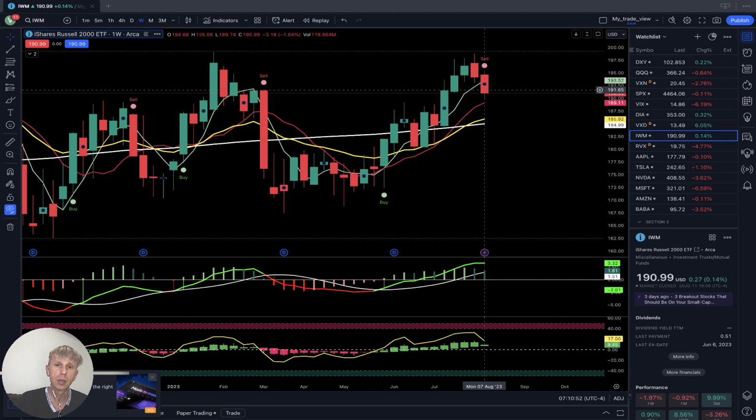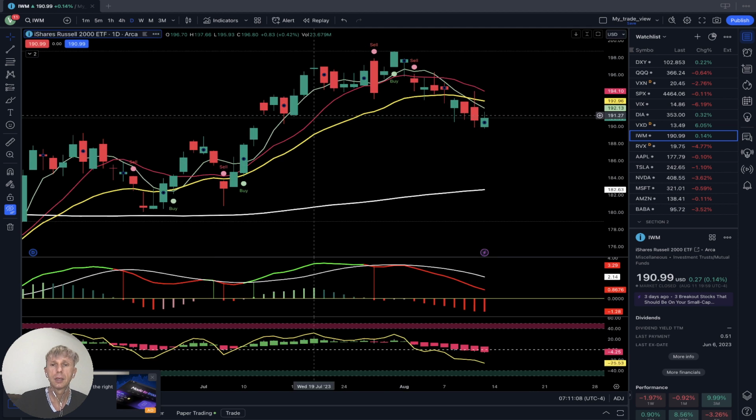It is still above 10 and 20, and 20 did bullish crossover. It's very positive, very bullish on moving averages. All indicators still green, still positive on weekly time frame for IWM. And daily, let's see daily. MA5 did bearish crossover over 10 and 20, and last bar below 5, 10 and 20.